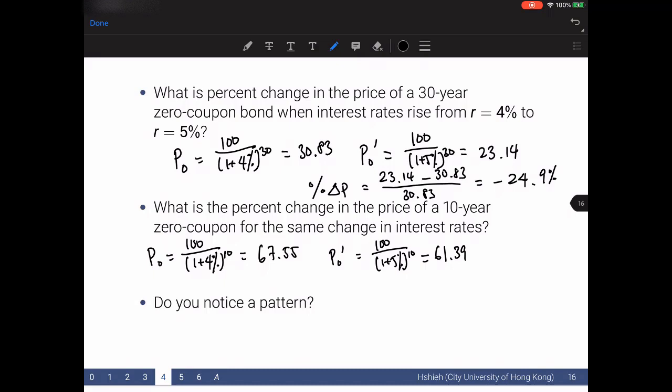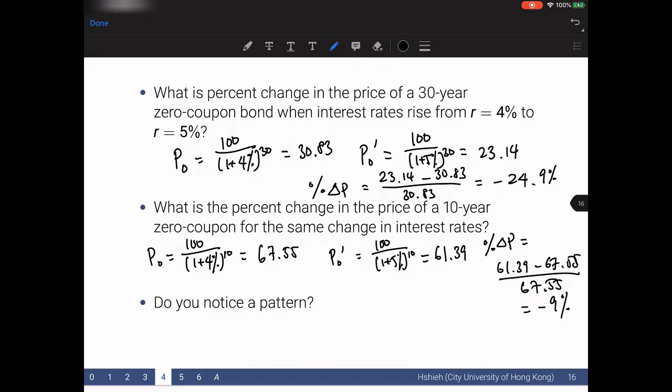So if we calculate the percent change in price, or the percent delta P, let me write out the expression here. So $61.39 minus 67.55, divided by 67.55. That's going to give us negative 9%.